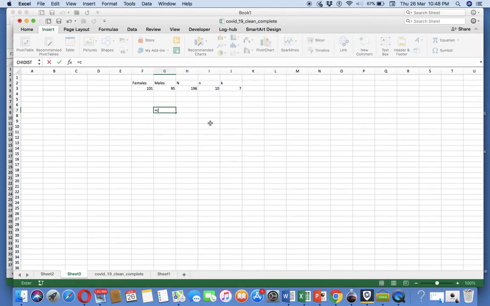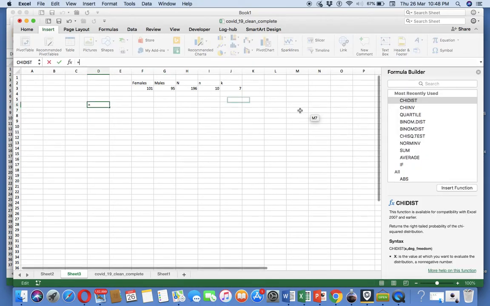So equal to COMBIN. Just see how combinations are done.